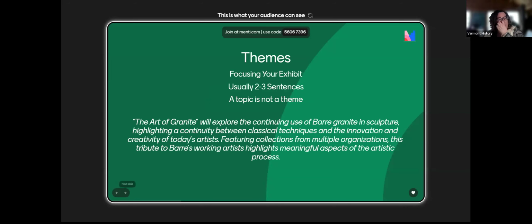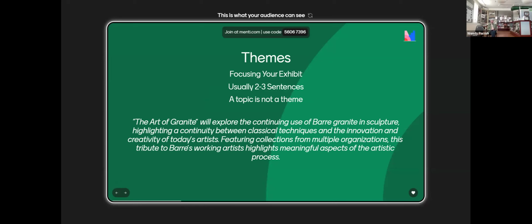The first best practice I wanted to share about themes is that themes are a great way to focus your exhibit. A lot of us think we do focus our exhibit, but themes can be a way of making that more specific.